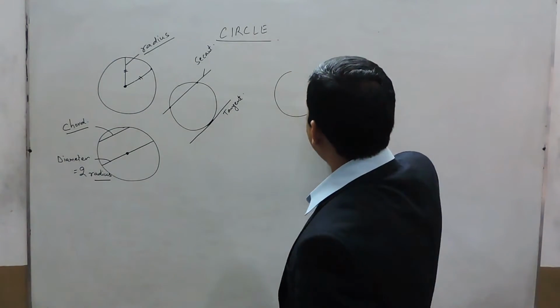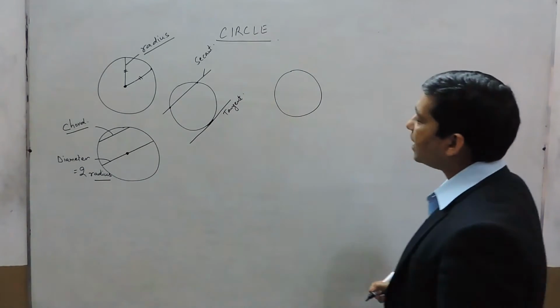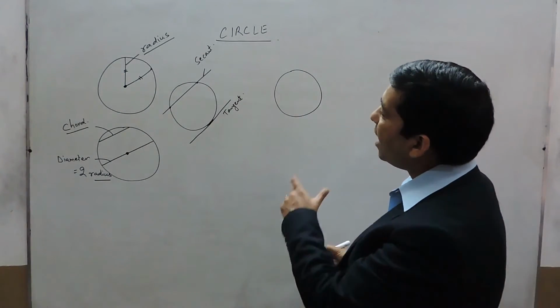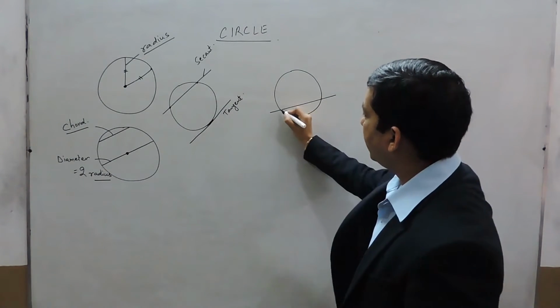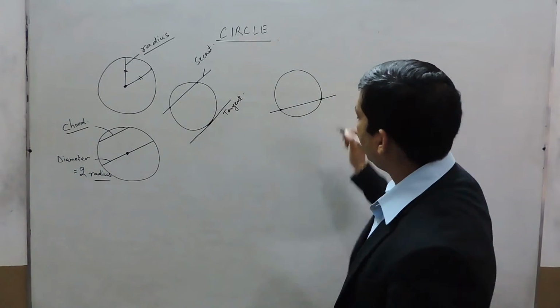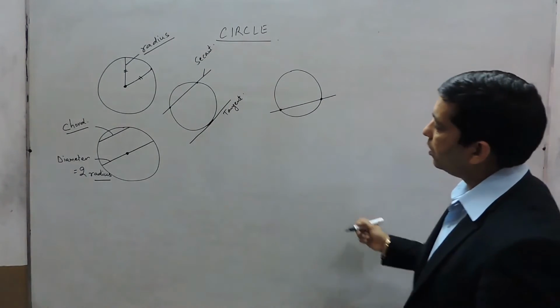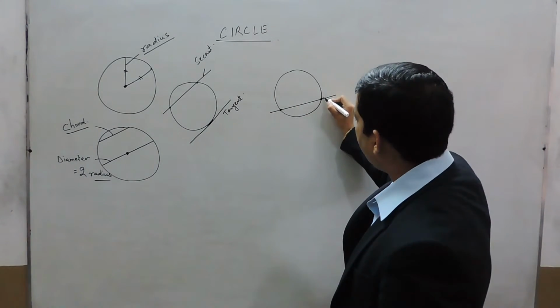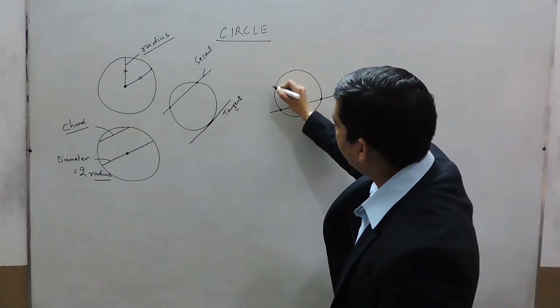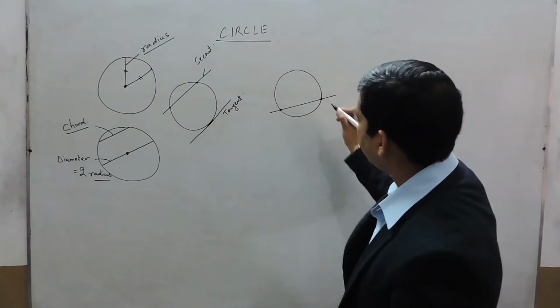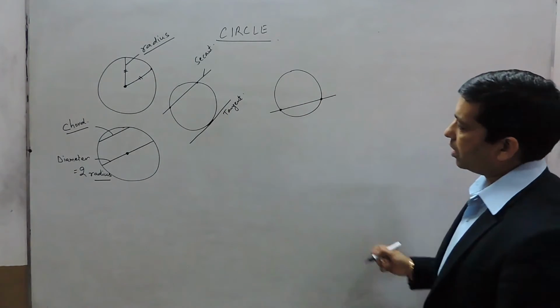But on the other hand, it can have various terms which are related to the area of this circle. Suppose we draw a secant, then it cuts the circle at two different points. On one side there is a portion smaller than half of the circle, and on the other side there is a portion larger than half of the circle.